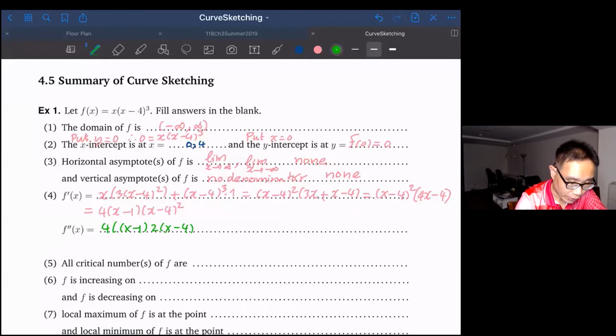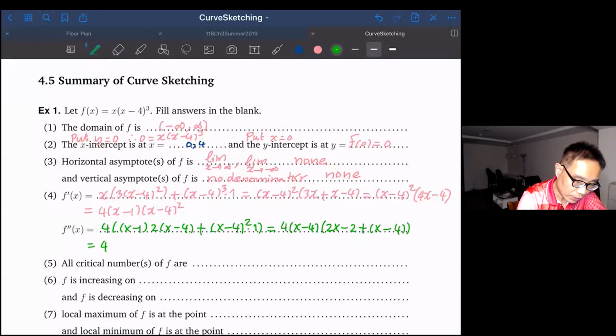You can pull out 4(x minus 4), and you get (x minus 4) plus 2(x minus 1), which is 3x minus 6.